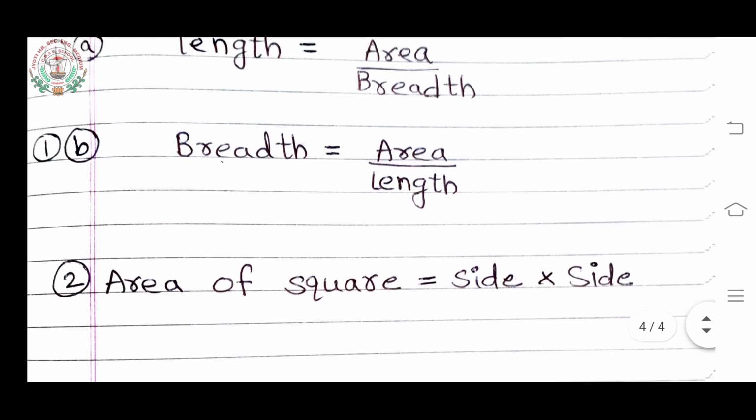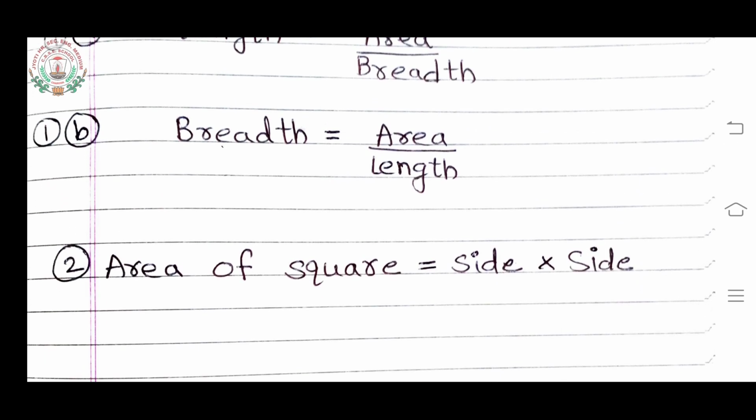Then coming to the area of square, side into side. When side is given and area is asked, you can use that formula. If area is given and side is asked, then you have to take out the square root that you have not studied till now, and you will not study here in this class also, that you are going to study in class 8.